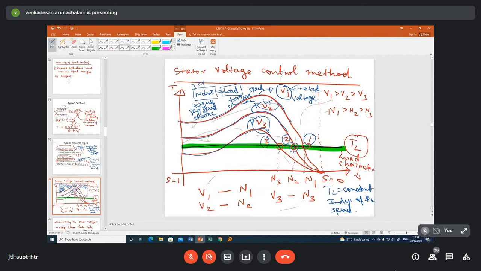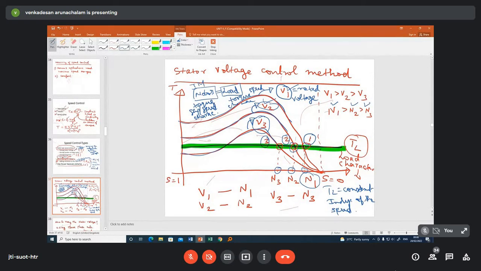Corresponding to operating point 1, you take this speed, that is N1. Corresponding to operating point 2, you take the speed N2. And corresponding to operating point 3, you take the speed N3. You see here, N1 is greater than N2, that is greater than N3.